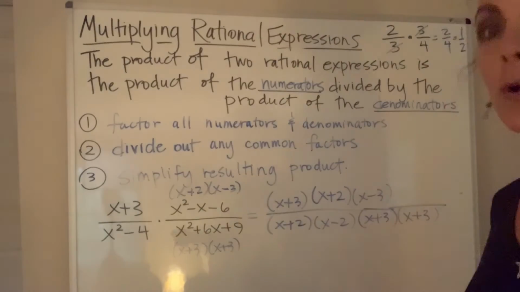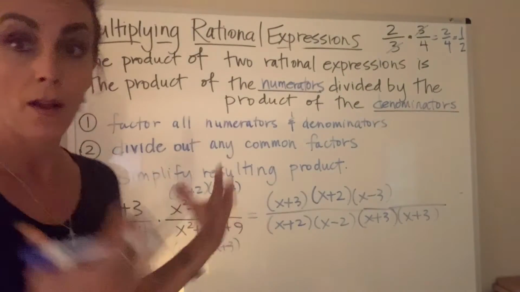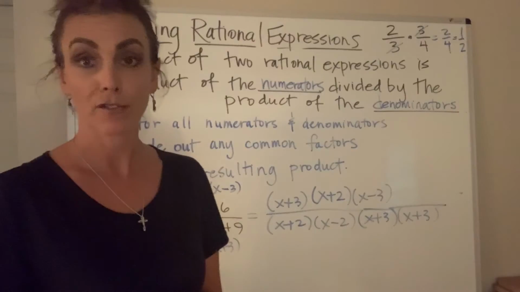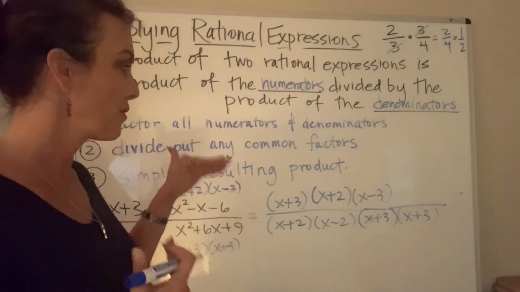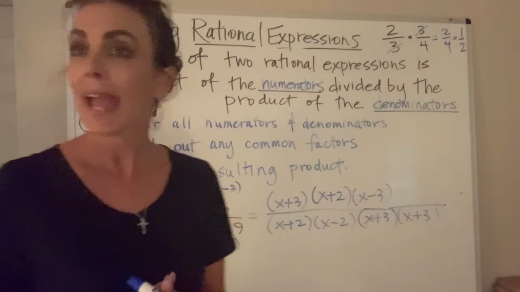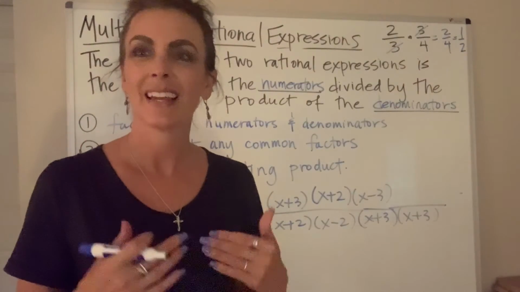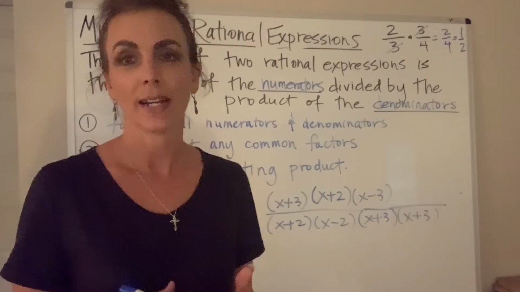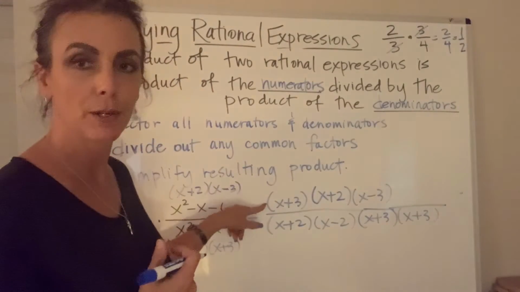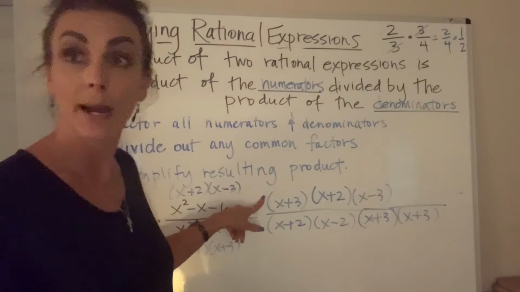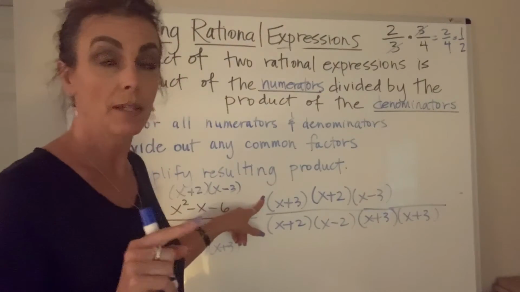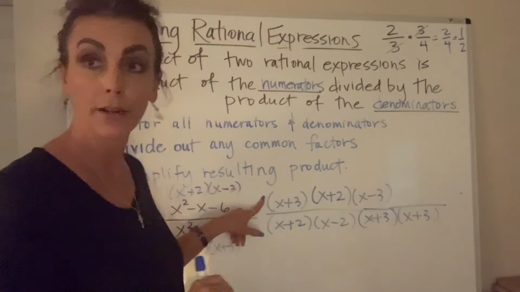All right, and so we have this great big rational expression. So now what we're going to do is examine the factors in the numerator and the denominator. And anytime I see something that is common, I want to divide it out. So let's start at the beginning with the numerator. Do I see an x plus 3 in the denominator? I do. I actually see 2 of them, but I can only divide out 1 because there's only 1 in the numerator.